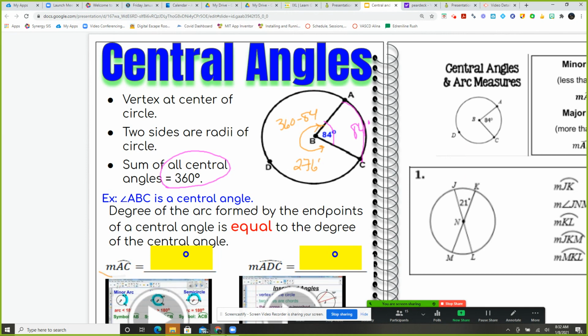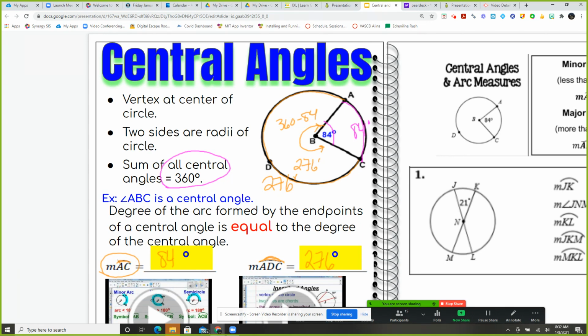So the measure of arc AC, that pink arc, is going to be 84. The measure of the major arc from A all the way past D and then all the way back to C is going to be 276. And notice that there's a new symbol there, like an arch instead of a flat line for a segment.